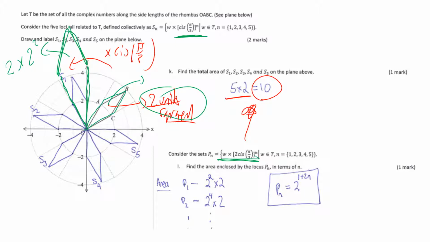So that becomes the area of the first one, and then for that one, its area is of course increased by a further 2 squared. So it's the scale factor that takes you from the area of one to the area of the next.